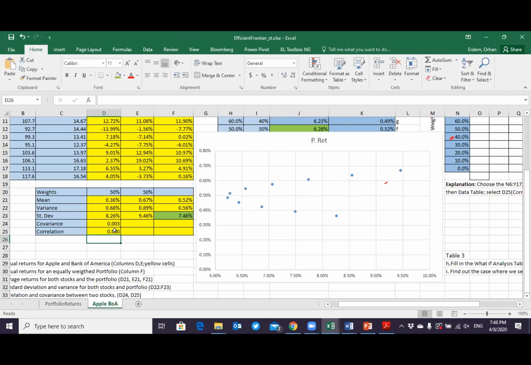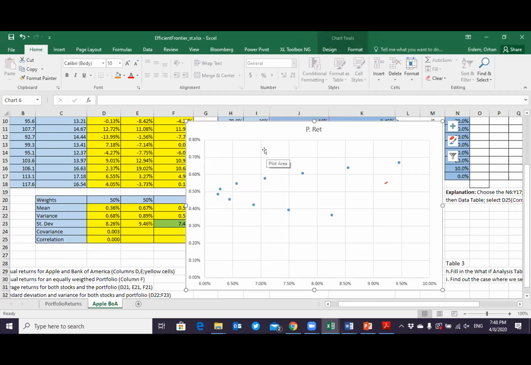You see that? What does it mean? I should explain. If you have two stocks which have 0 correlation, Bank of America is here, Apple is here, you might have a portfolio whose standard deviation is somewhere here, 6.2, which is well below Apple's and Bank of America's.